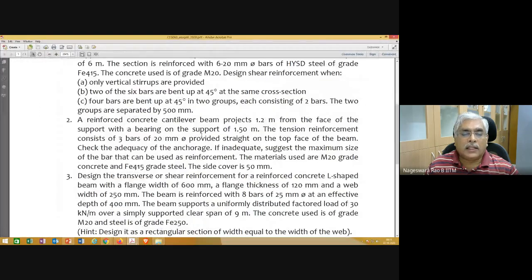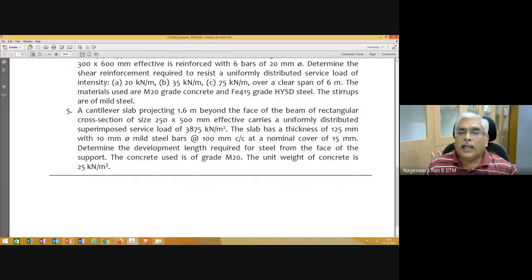Assignment 6, last problem: a cantilever slab projecting 1.6 meters beyond the face of a beam of rectangular cross section. This is nothing but 500 mm effective, that's why it's written 500 mm effective.